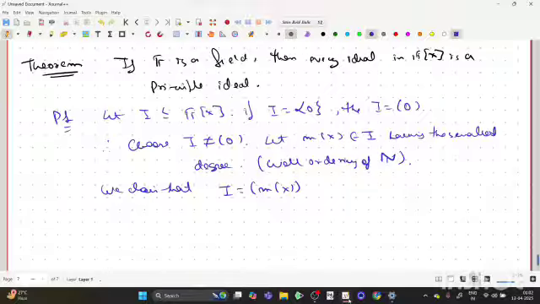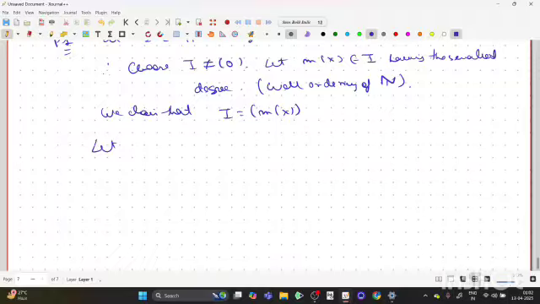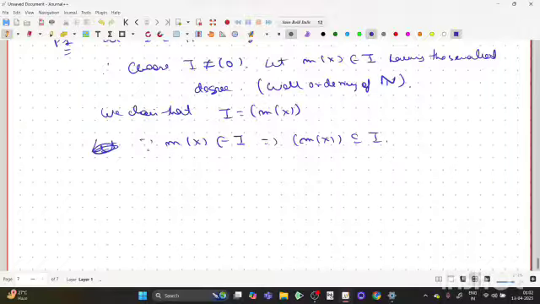The proof is actually very easy. First thing first, since m(x) is itself in I, by the closure property of ideals, the ideal generated by m(x) should be in I. Right. Now let q(x) be any polynomial in I.